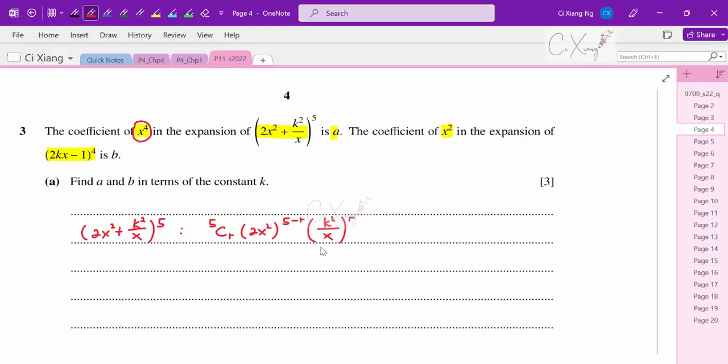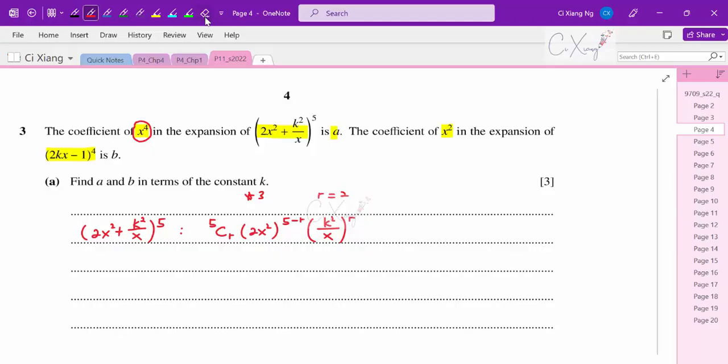If I put r equals to 2, the power here for 5 minus r will become 3. So when you're having x squared power 3, in overall you're having x power 6. For this one, 1 over x, when you square it, you have 1 over x squared. So x power 6 divided by x squared, you have x power 4.